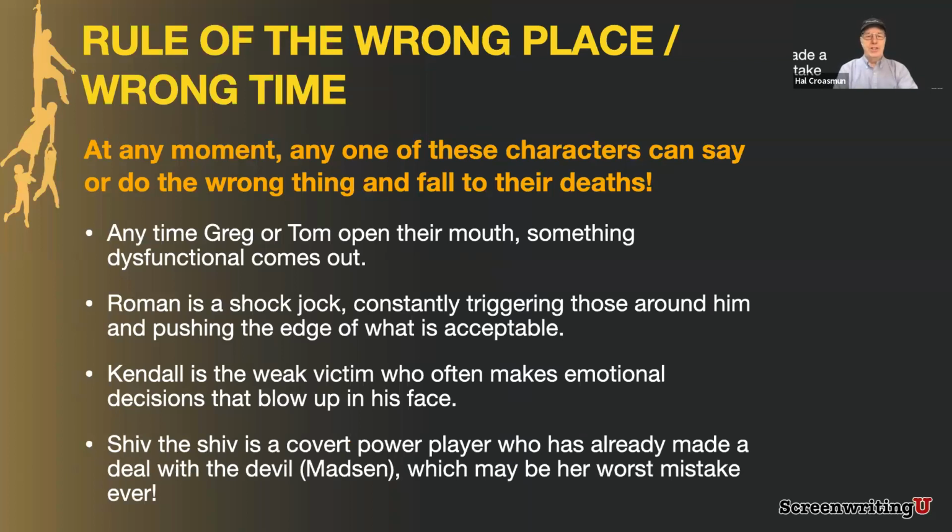And then Shiv. She is a covert power player who's already made her deal, right, with Matsson, which may be her worst mistake ever. But over and over, every one of these characters has said something that was the worst thing they could say, made the worst decision they could make, did the wrong thing at the wrong time, and showed up in the wrong place.